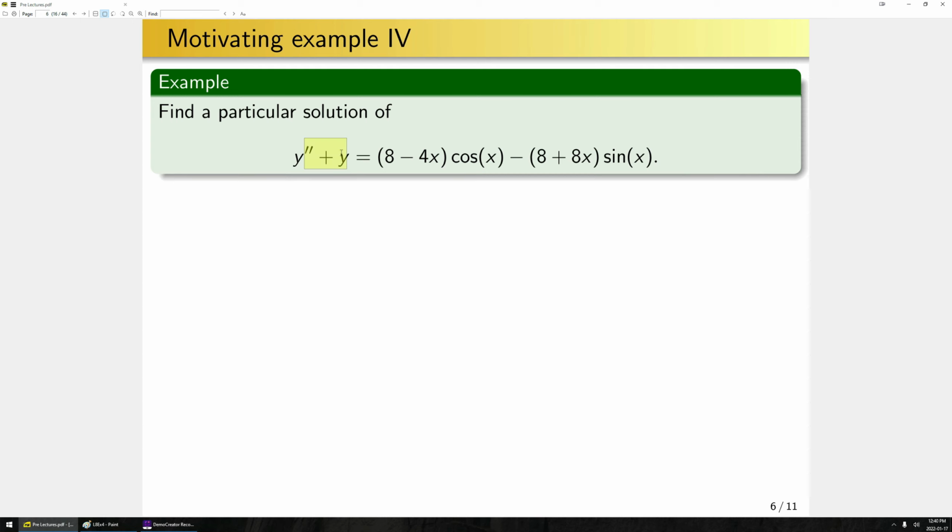And the reason why is that at the end of the day, once I plug things in, the fact that sine and cosine solve this equation would make the constant terms go away, just like what we saw in the previous lectures where I did exponential forcing terms. Okay, so I'm not going to cover this example here, but definitely see 5.5.4 in Trinch if you want to see how this works.